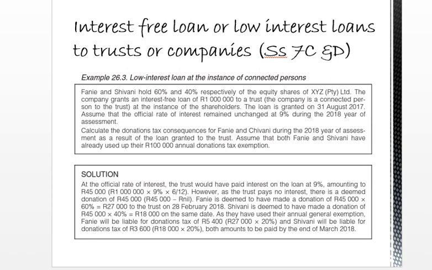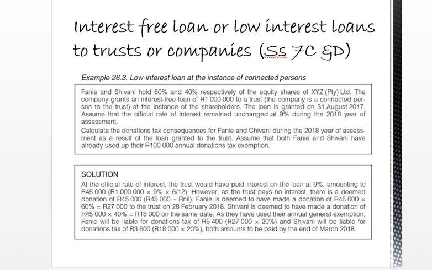So the interest payable would have been 45,000 rand. This was an interest-free loan, so in other words, the deemed donation is 45,000 rand.